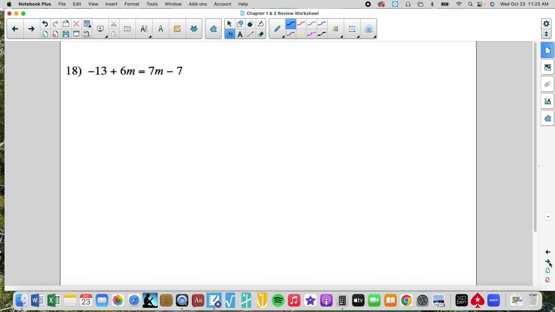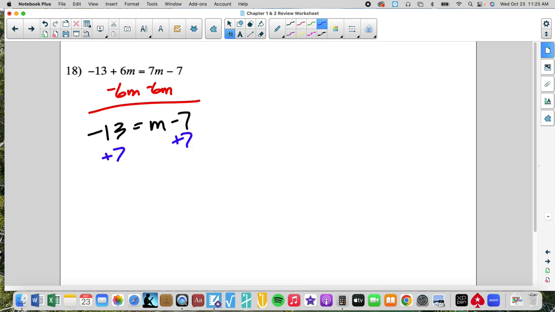I'm going to move variables first. I'm going to move the 6m over. Negative 13 equals m minus 7. We can add 7, add 7. Negative 6 equals m.